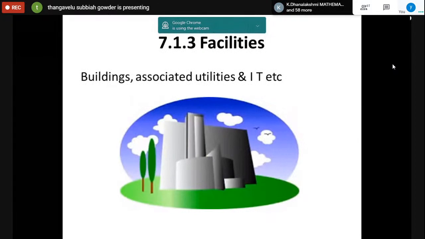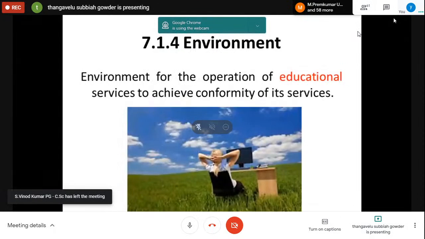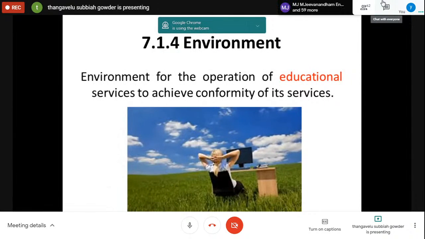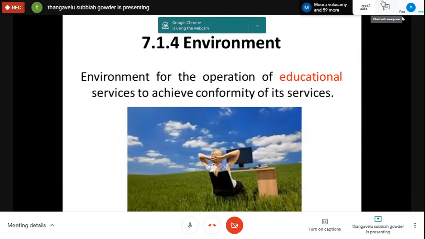Then facilities: create an environment to meet the education related activities, one that is conducive to the learning activities. Environment for the operation of educational service to achieve conformity of its services. Conformity of its services means we have to have a degree at the end of the course, ensuring that students are able to learn, are getting a degree and are meeting the society's requirements.